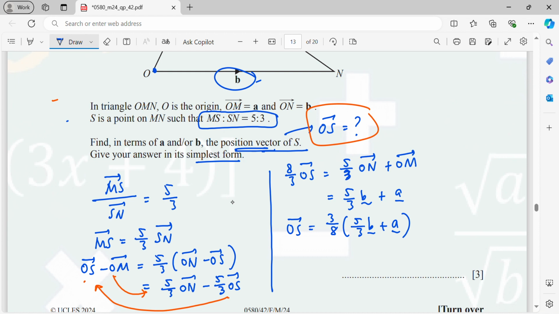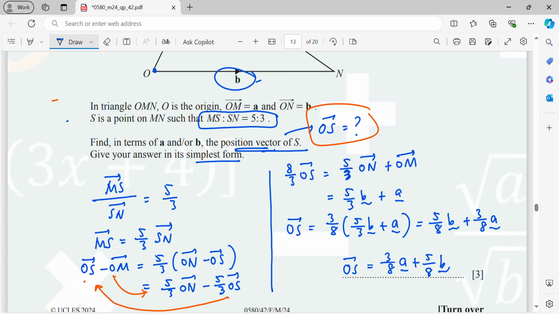Then you will be getting 3 over 8 times 5 over 3, that is 5 over 8 B, and 3 over 8 times A, that is 3 over 8 A. So you can just leave your answer in this form. Probably you can just write OS equals 3 over 8 A plus 5 over 8 B. So that is the vector OS, or position vector of S.